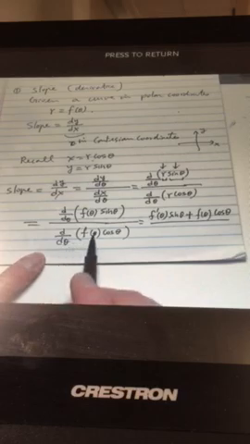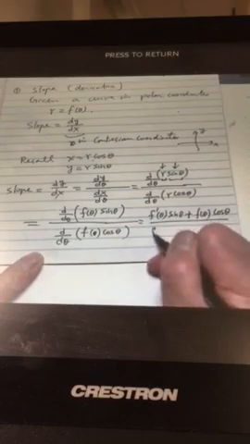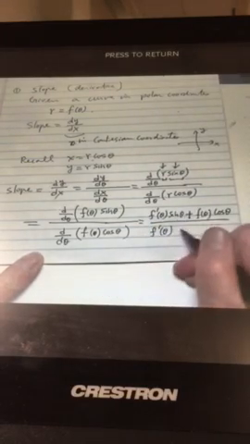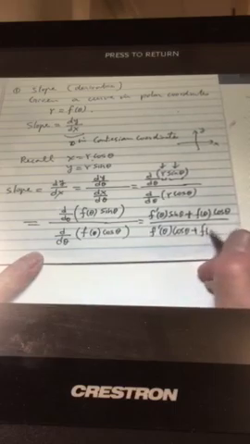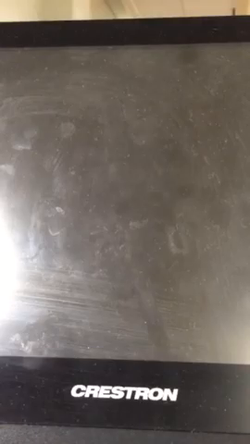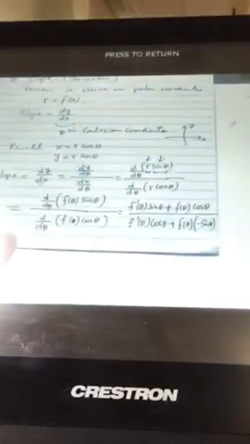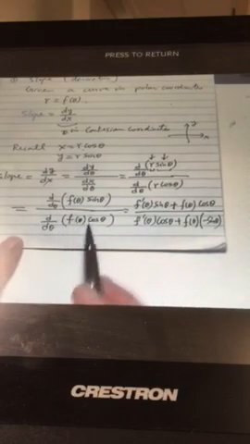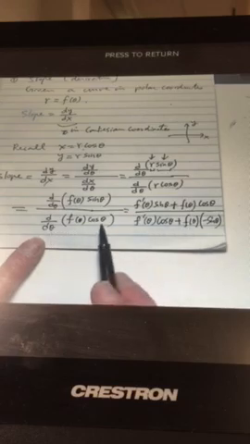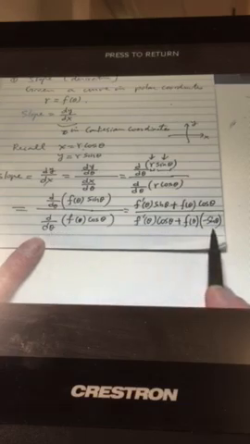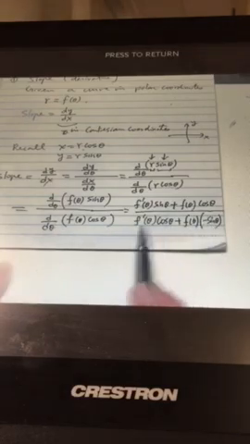Then for this one, again product rule: derivative of the first function times the second function, plus the first function times the derivative of the second function. The derivative of cosine is negative sine. So that's all I have.